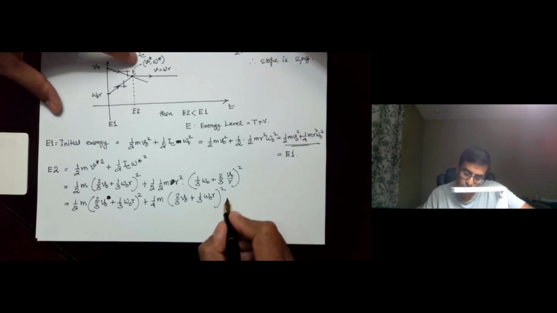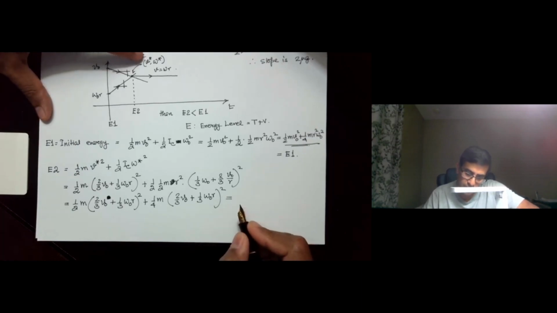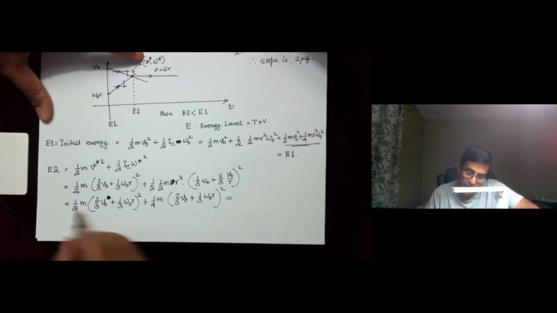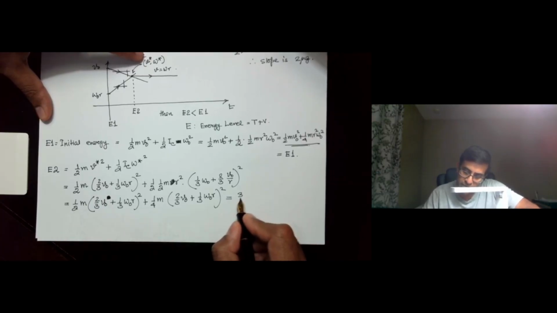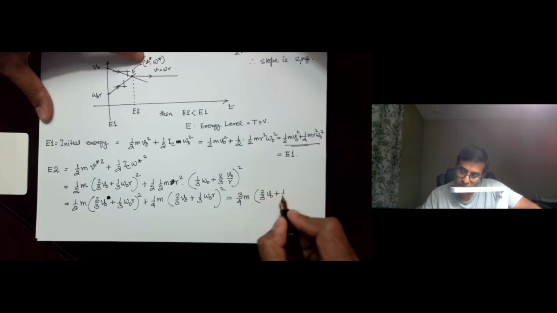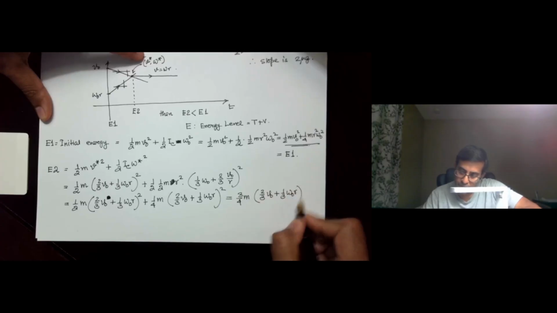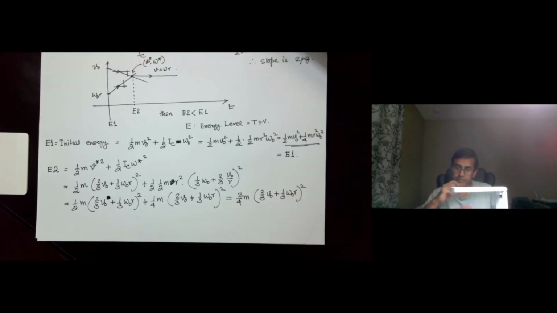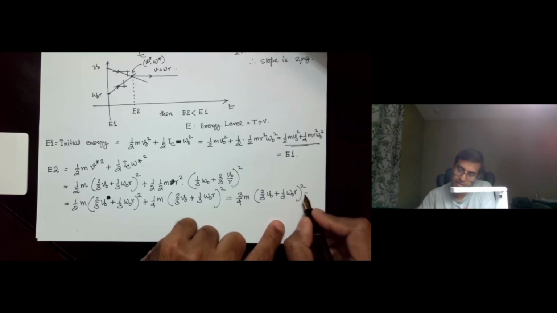Okay, so the total is then going to be half m plus 1/4 m, so that's 3/4 m times 2/3 V naught plus 1/3 omega naught r whole squared. So this is E2.